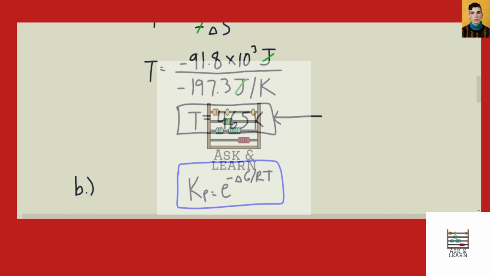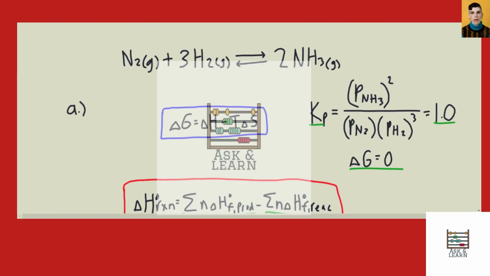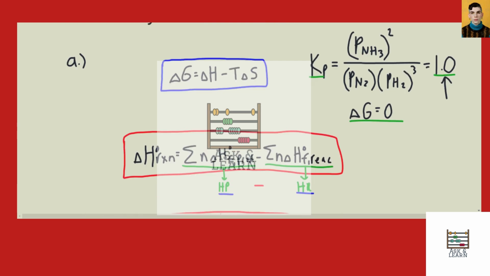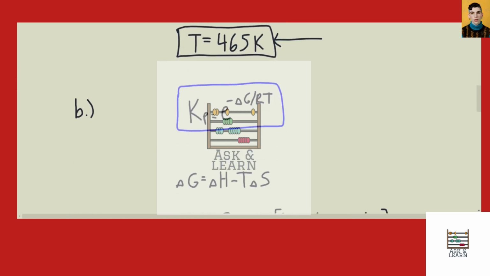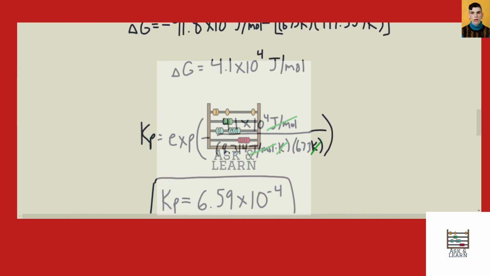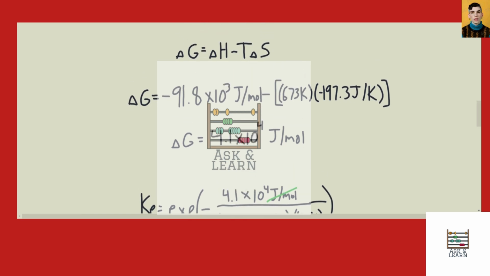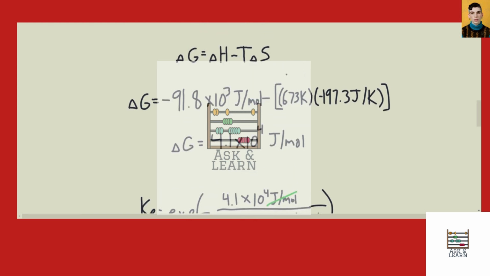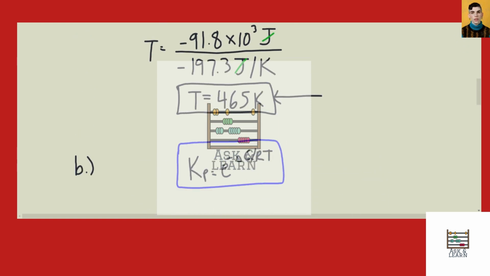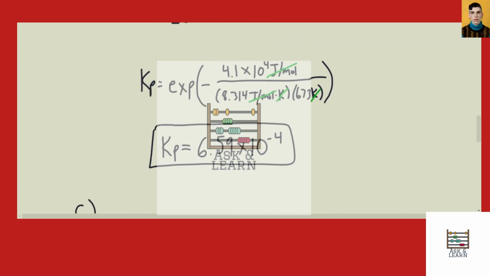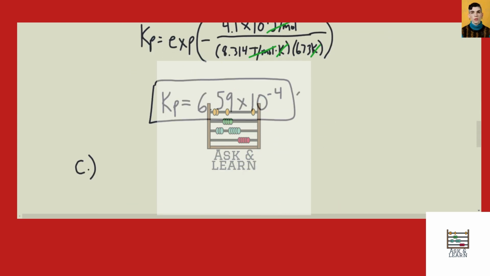At that temperature, Kp is equal to 1, meaning again that it is at equilibrium. We compare that to what we did in part B. We see that when we used a temperature of 673 Kelvin, which is greater than the temperature of 465 Kelvin that is required for this reaction to be at equilibrium, the value of Kp decreased to be less than 1.